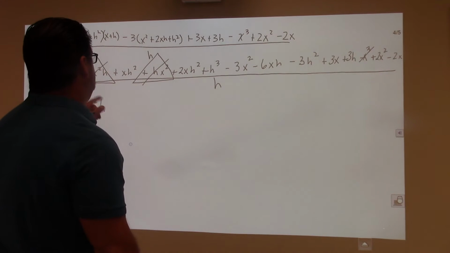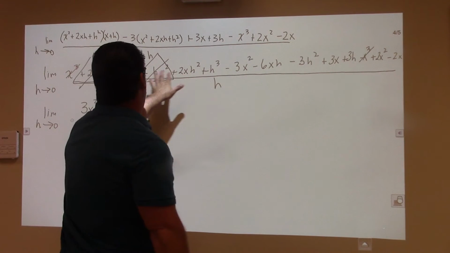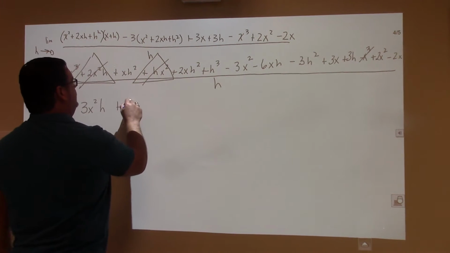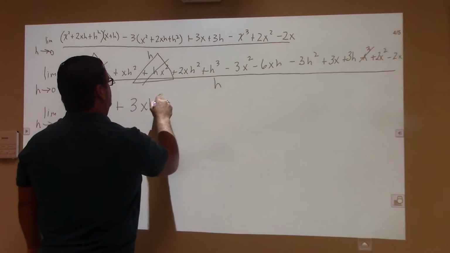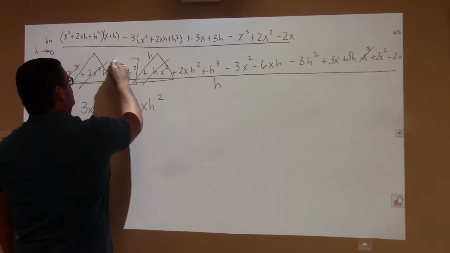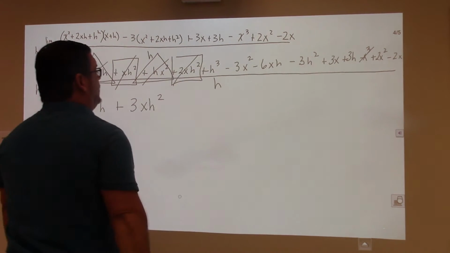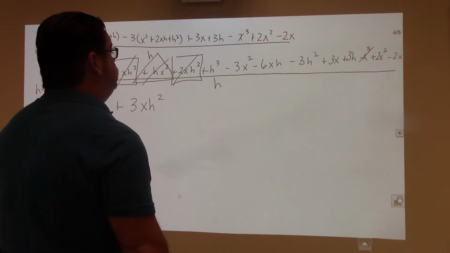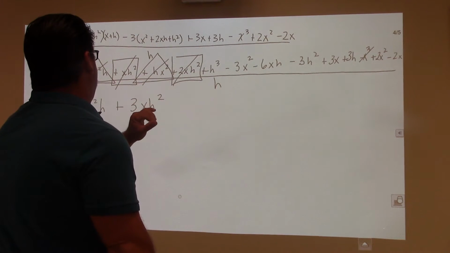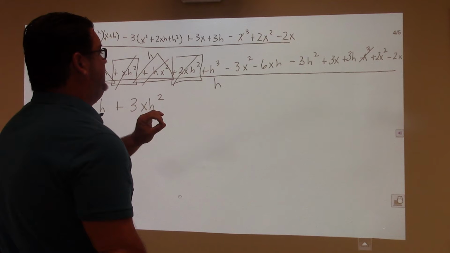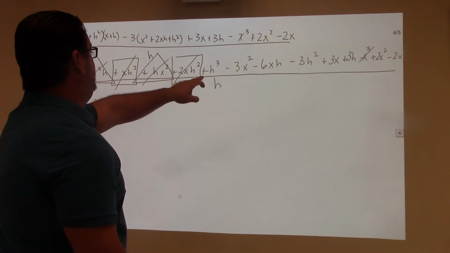And then xh squared, we've got a 3xh squared. I'm looking for xh. I don't see any xh's, but I only see that one.